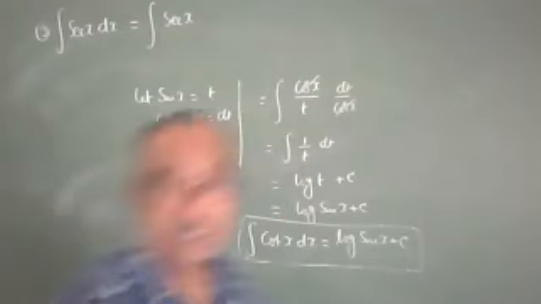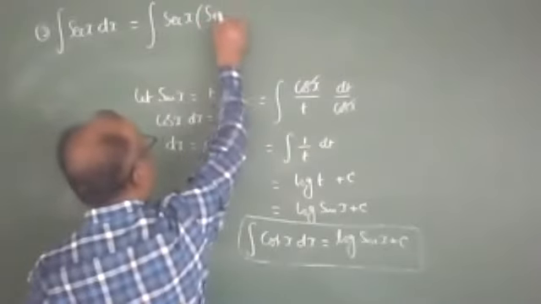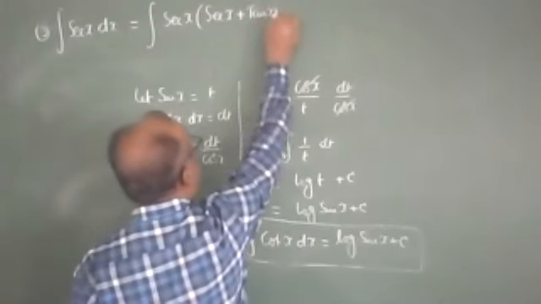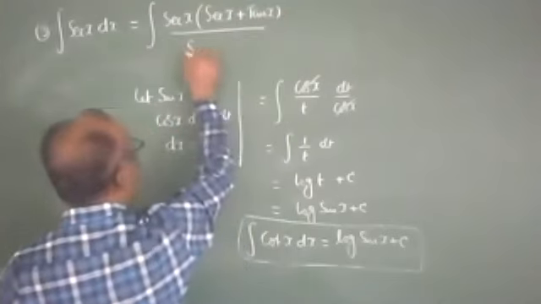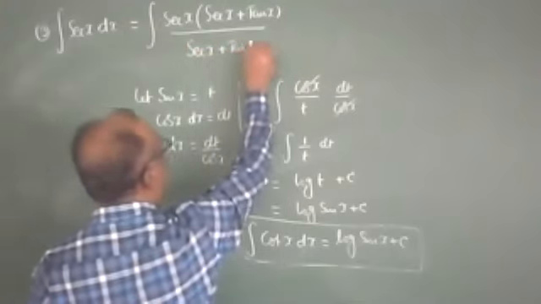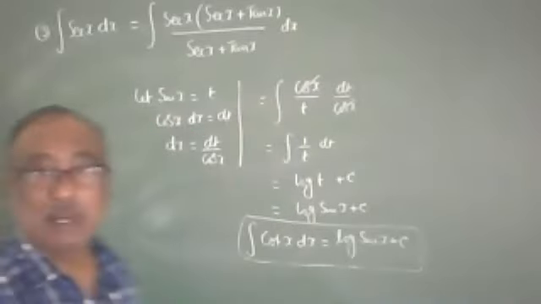So for a secant x problem, multiply the numerator with secant x plus tan x and divide it, without loss, with secant x plus tan x. This is one separate method. Remember, everyone.